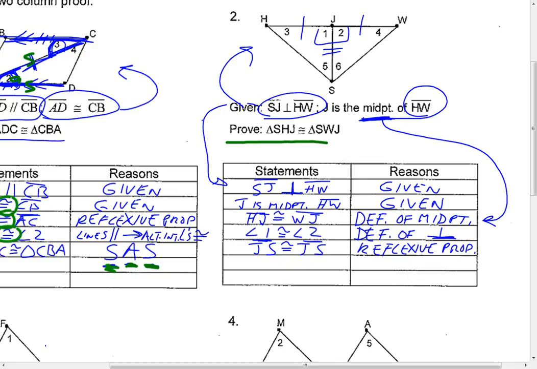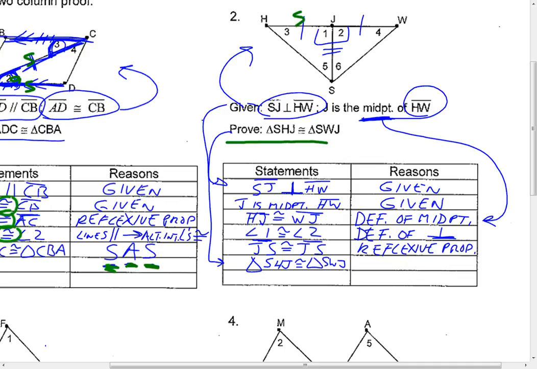Is that enough to actually do the proof statement? Triangle SHJ congruent to triangle SWJ. Look at one triangle, tell me the components that you see that match up with one of these five. Calvin? SAS.